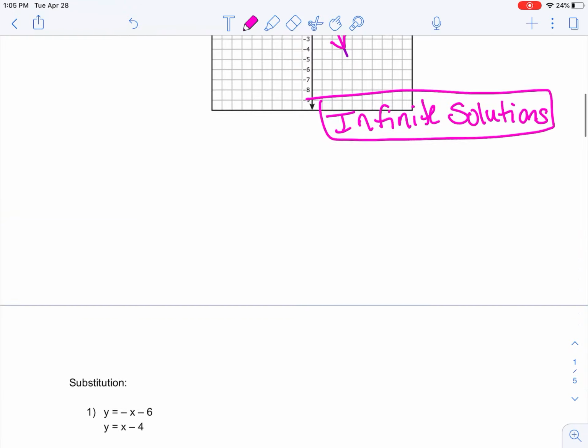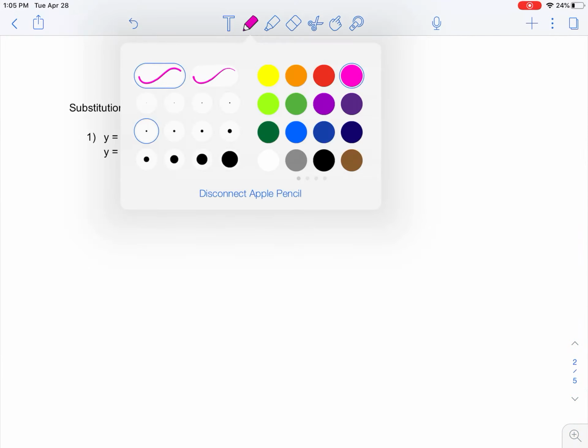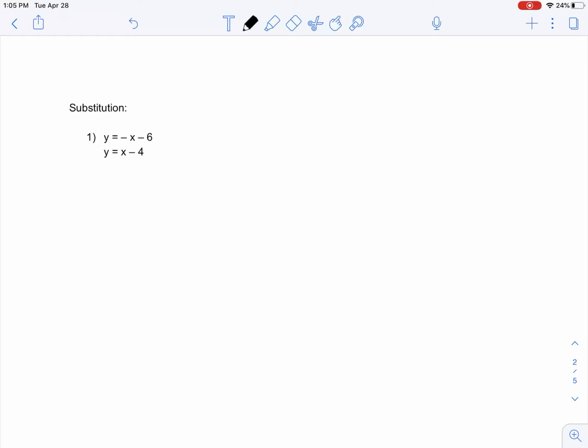Our second method that we're going to talk about right now is substitution. It's very similar; we've been doing it all year. Isolate a variable, substitute what you get in for that variable. So in this situation, we know y and y are isolated. So y equals y, which means we can write negative x minus 6 equals x minus 4.